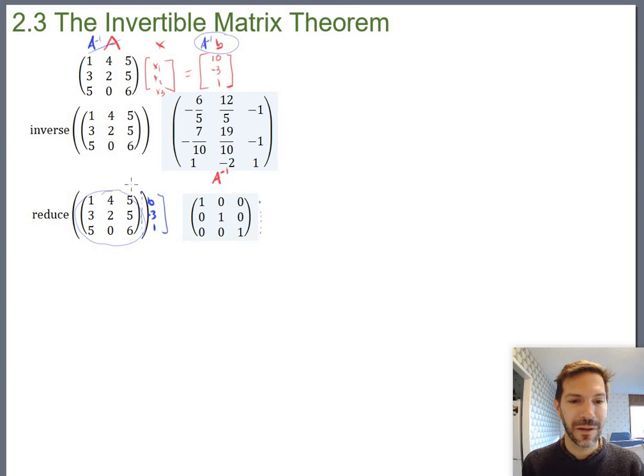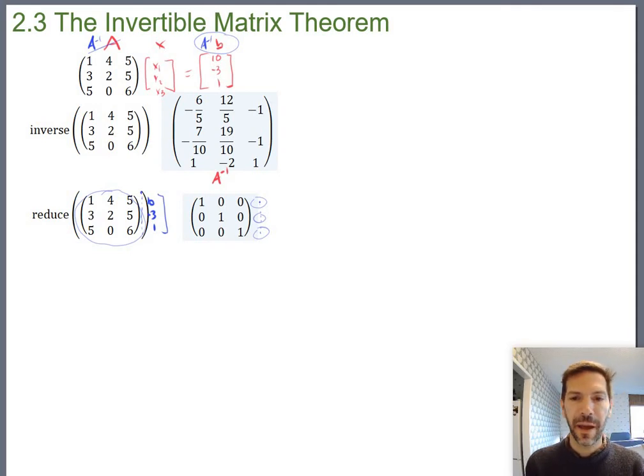Right? The reduction of that part isn't going to change by slapping a new column on. So you can say, yeah, there's definitely a solution. x1 is going to be this, and x2 is going to be that, and x3 will be that. Okay, so really, invertible, solvable, all the other equivalent statements that we have there.